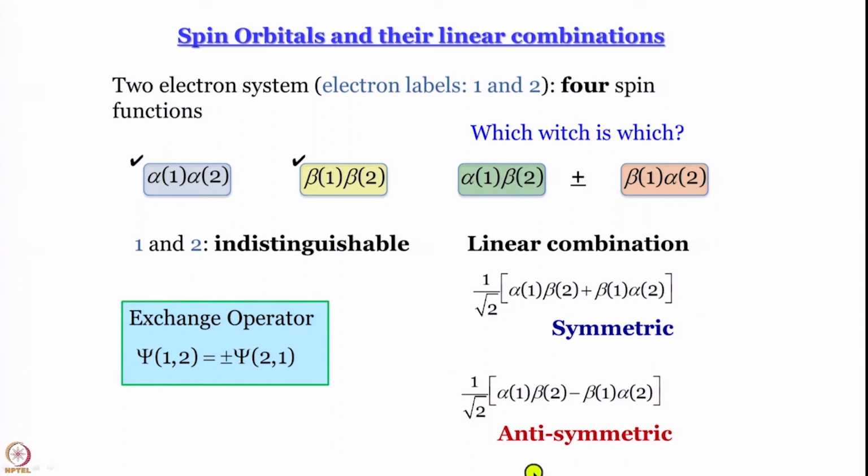So, we have to take that as well, and we have said that if you use the exchange operator, which just interchanges the labels, then the wave function with plus is symmetric with respect to exchange, and the wave function with minus is antisymmetric with respect to exchange.